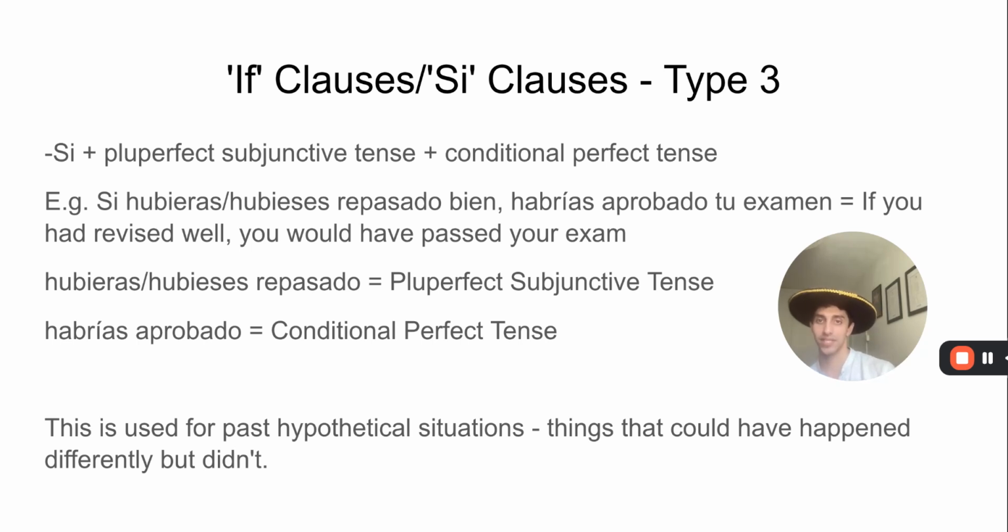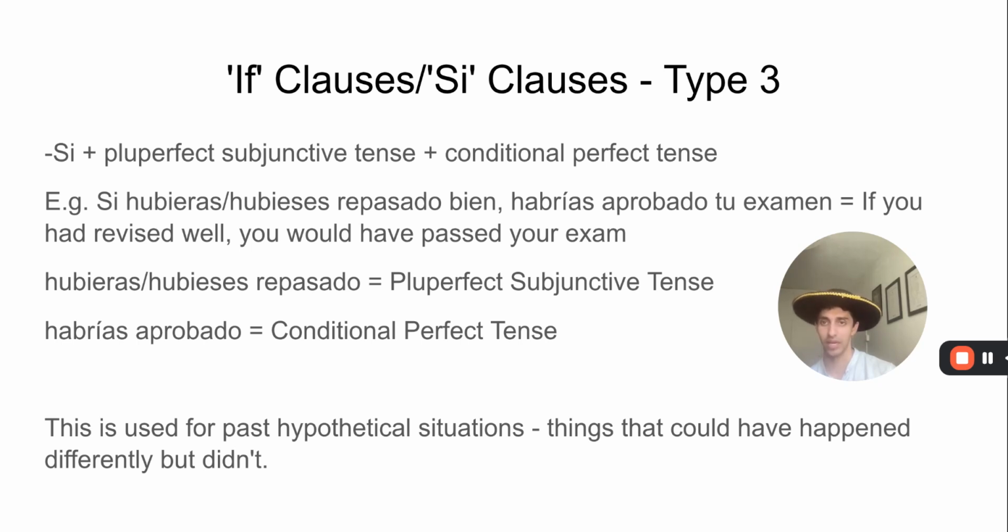So this type of if clause or C clause type 3 consists of C plus the pluperfect subjunctive tense and the conditional perfect tense. Those two tenses, most students will not learn at all for GCSE and iGCSE Spanish papers, and they will not be familiar with or have heard of them.